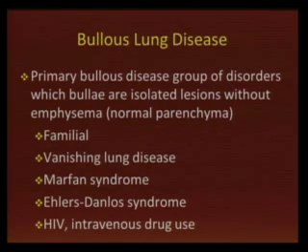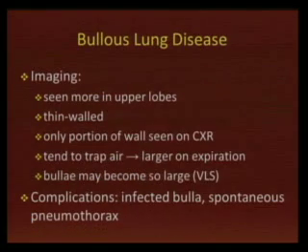Sometimes we can see bullous changes or bullous disease not associated with emphysema, and this is called bullous lung disease. You can see many types: familial bullous lung disease, vanishing lung disease, Marfan syndrome, among others.